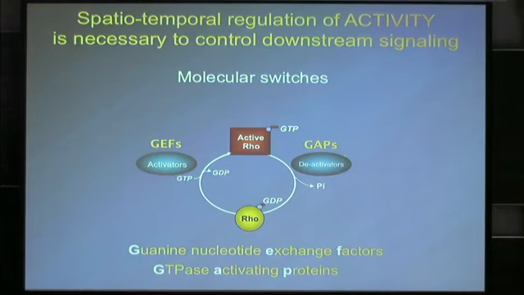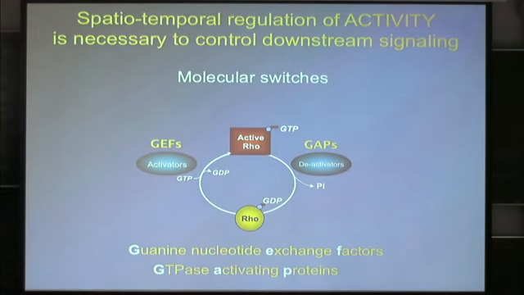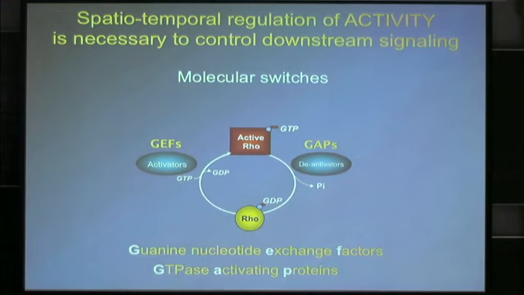It's kind of misleading, the name. Those proteins activate the intrinsic GTPase activity of the GTPase, so the GTP hydrolyzes and the GTPase falls back into the inactive form. So those GEFs and GAPs are important.